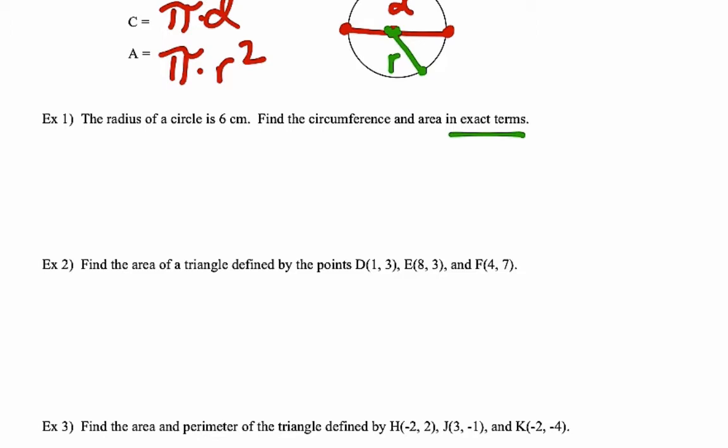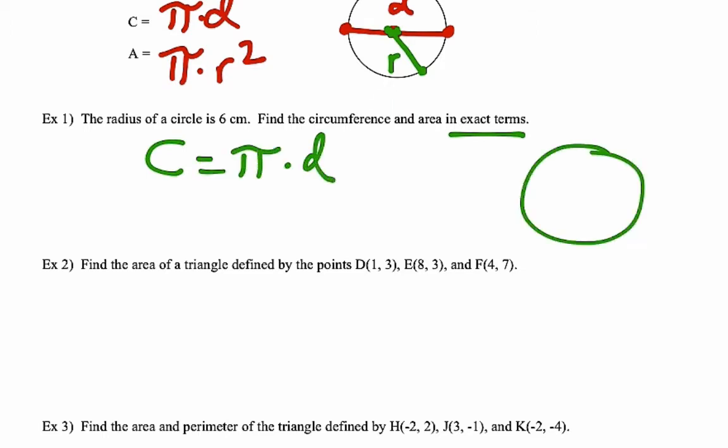That means I'm going to leave pi in my answer, just like I leave square roots in my answer when we find the distance. So the circumference is pi times the diameter. If the radius of this circle is 6, that means the diameter is 12, because it's going to be another radius for a total diameter of 12.